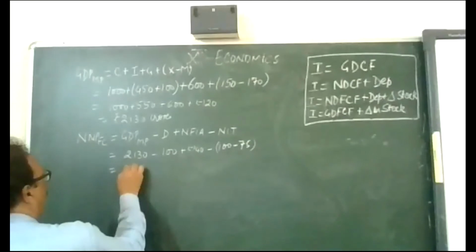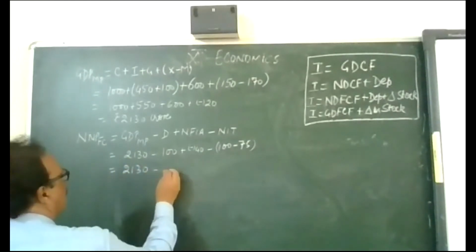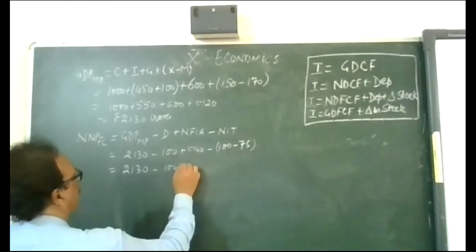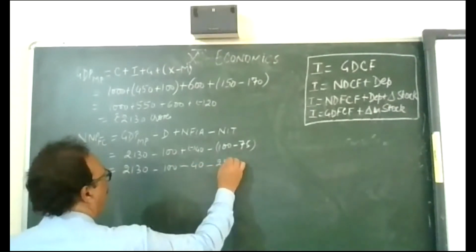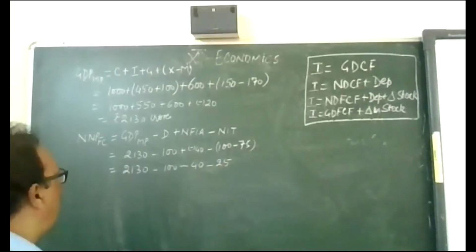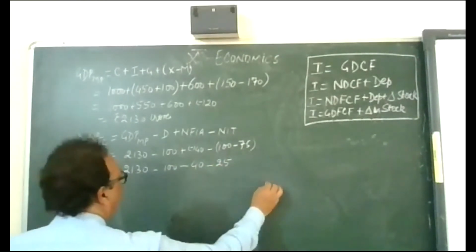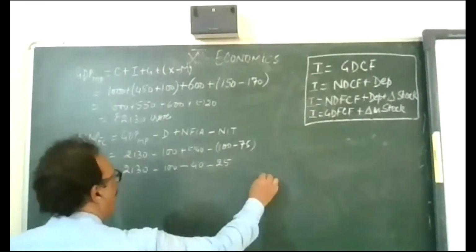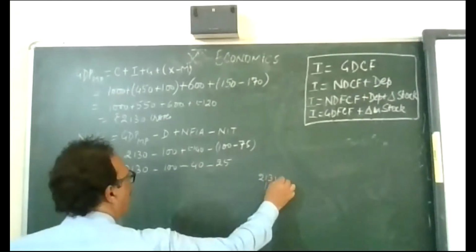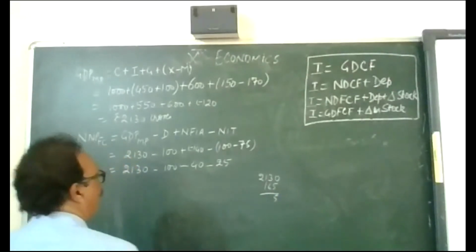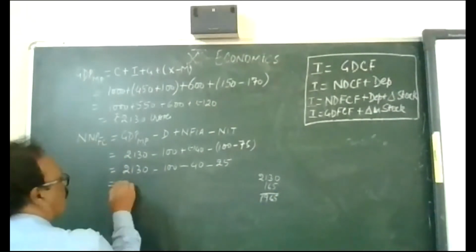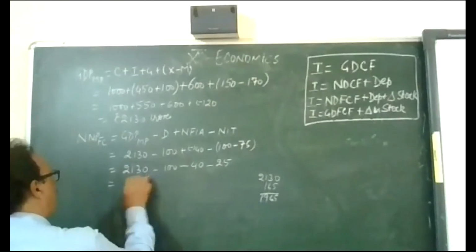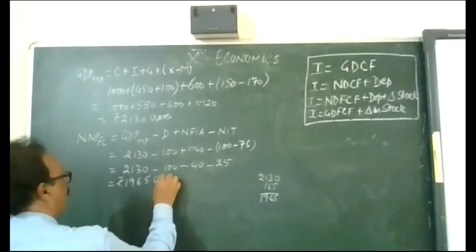That is 2130 minus 100 plus minus 40 minus 25. That gives 1965 crores.